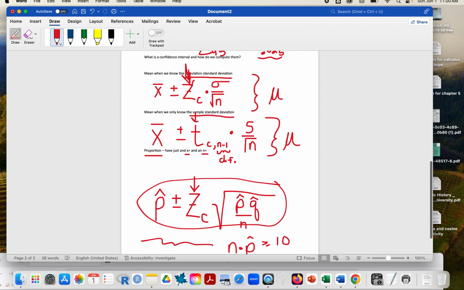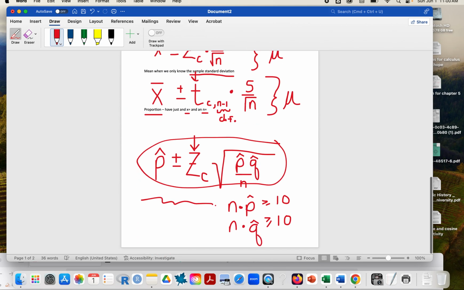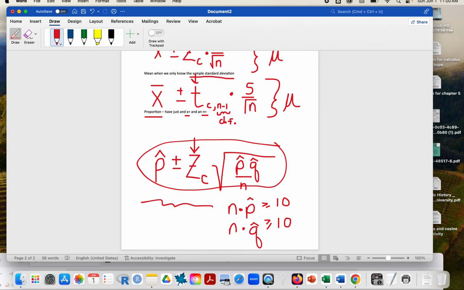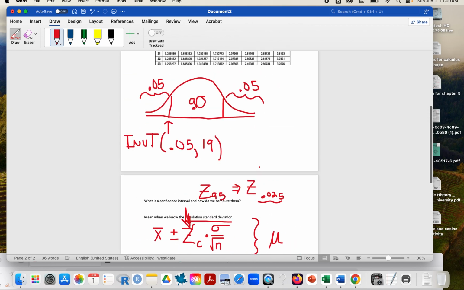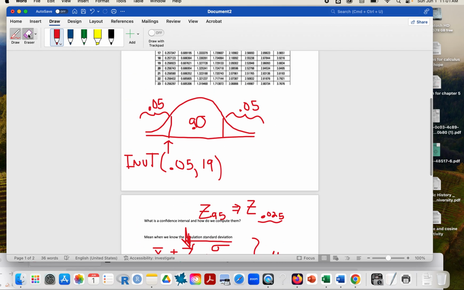Now, let's do some just brief examples. I am going to make a comment as I'm trying to type some stuff up and erase things. The confidence interval, you need to think about it in this perspective.